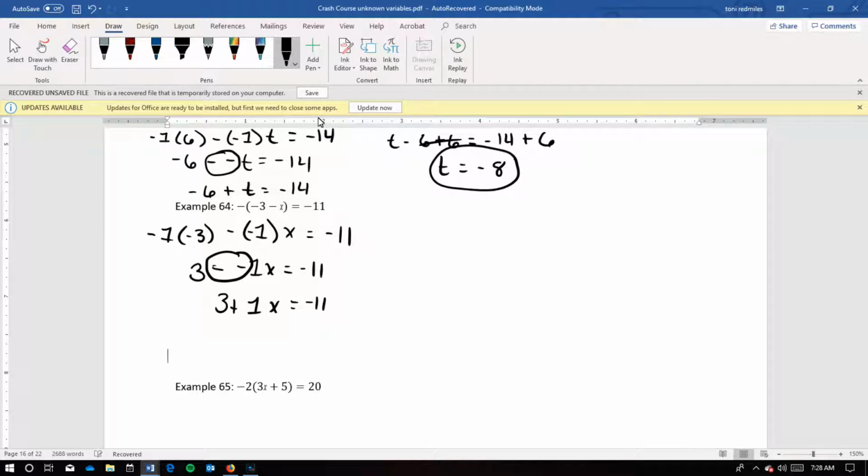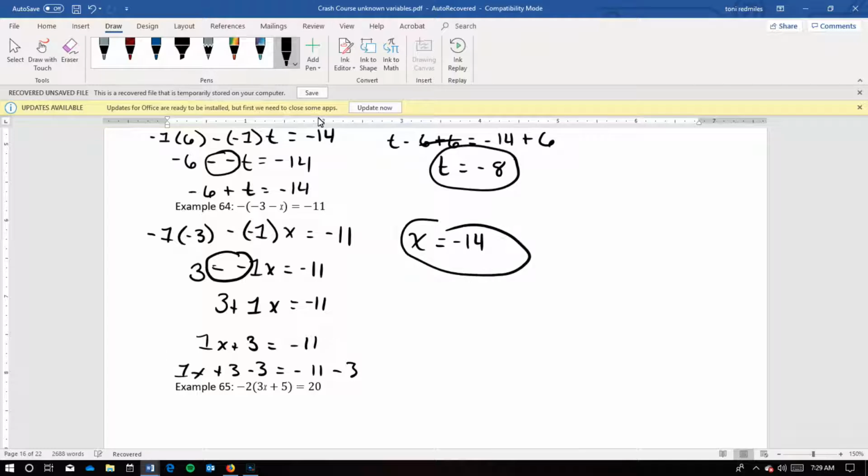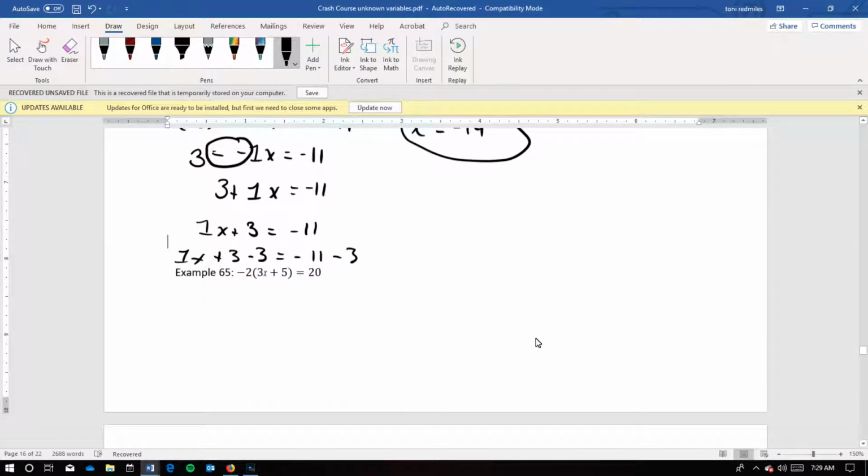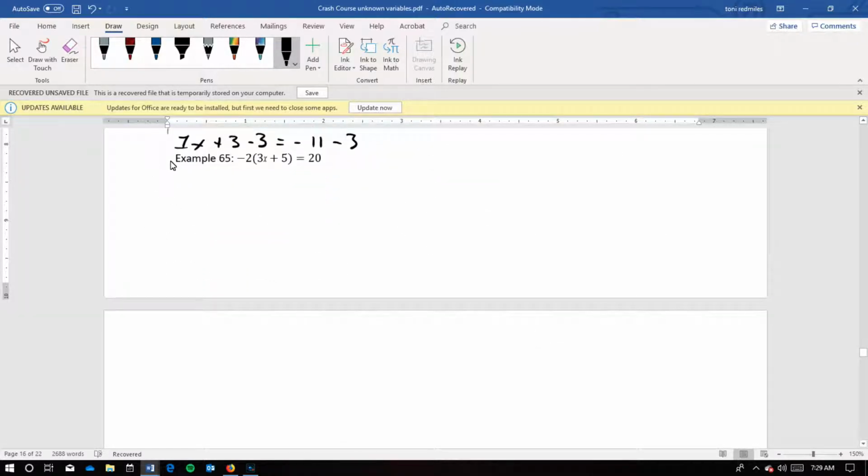I'm going to flip-flop a little bit. And I'm going to see that that 3 is adding to the x, so I'm going to subtract it from both sides. And x equals a negative 14. We are in the home stretch. 5 more to go.